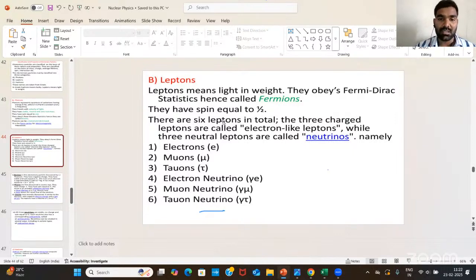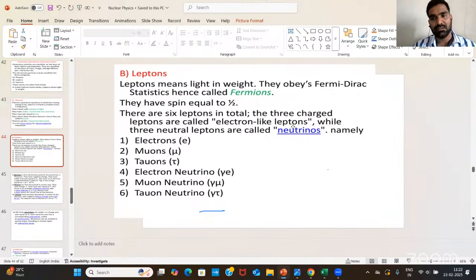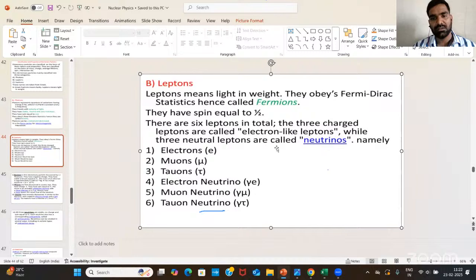There are 6 leptons in total. The three charged leptons are called electron-like leptons, while the three neutral leptons are called neutrinos.